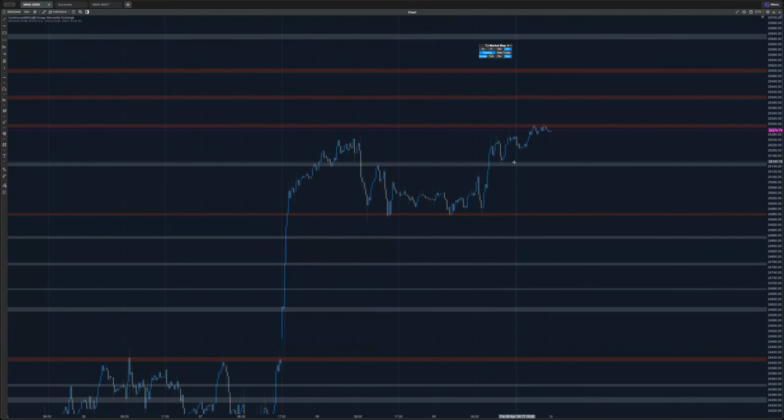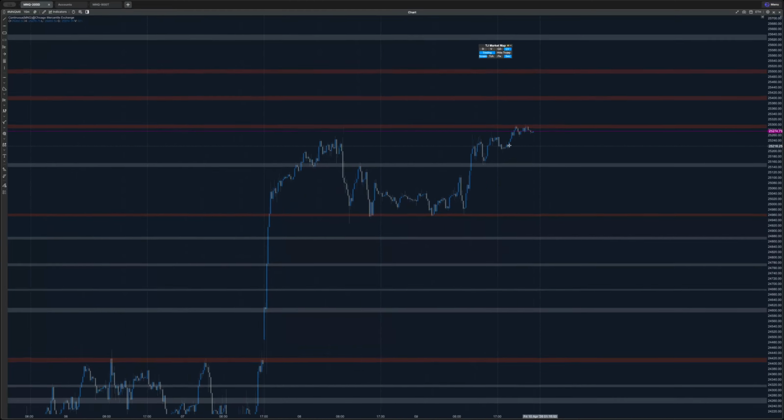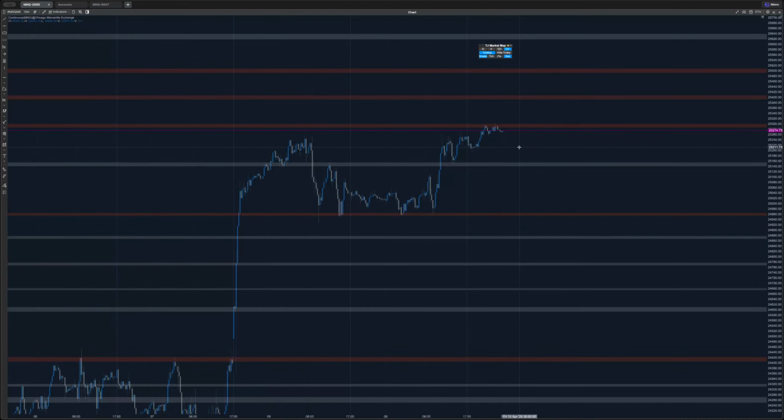I like this location here because it used to be resistance, and it's now support. This one is the daily low of today. So I'm going to mark that one as well. As long as we are here today in that range, I would prefer range trading. As soon as we break that one here, I would prefer being long.